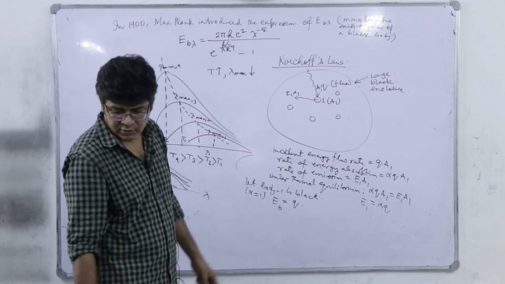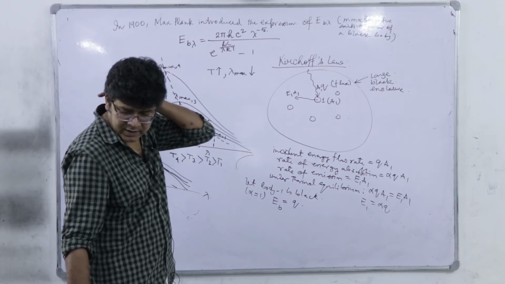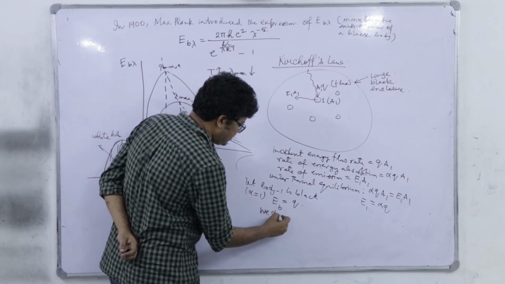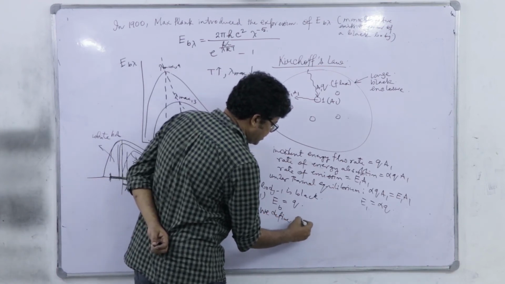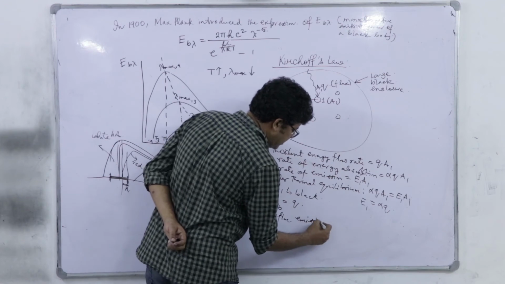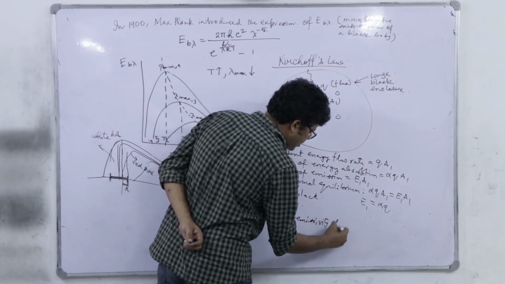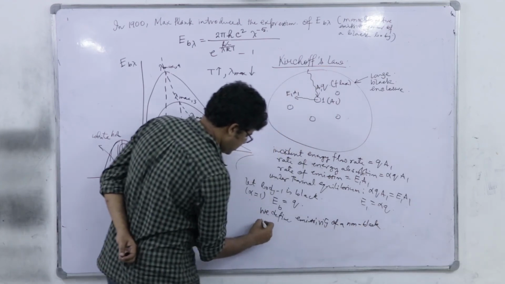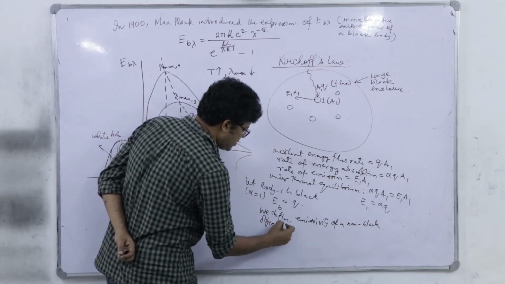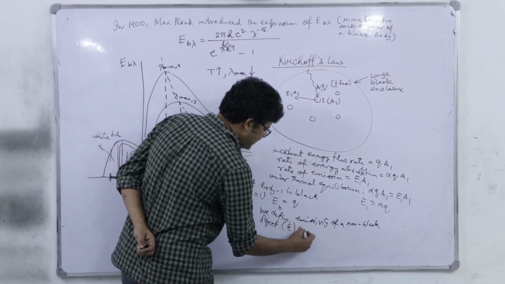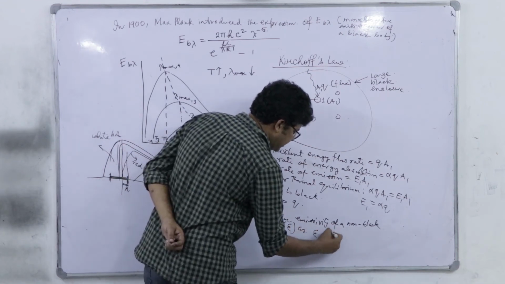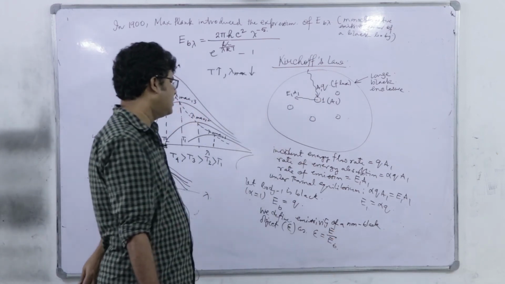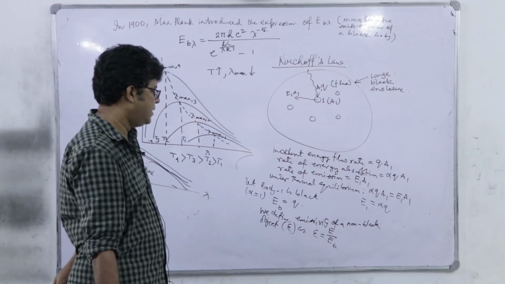So, EB is equal to Q, and immediately we define the emissivity of a non-black object as epsilon equal to E divided by EB.